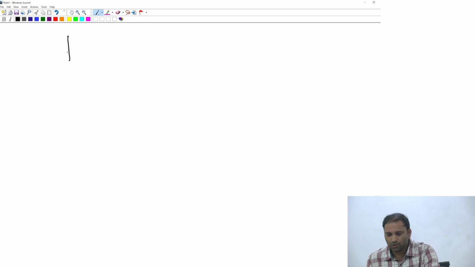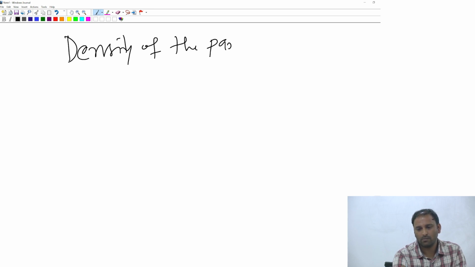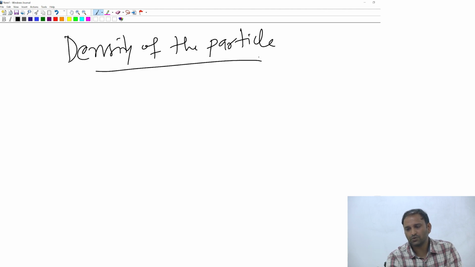The last thing that I wanted to quickly touch upon is the density of the particle. So how does one measure the density of the particle?